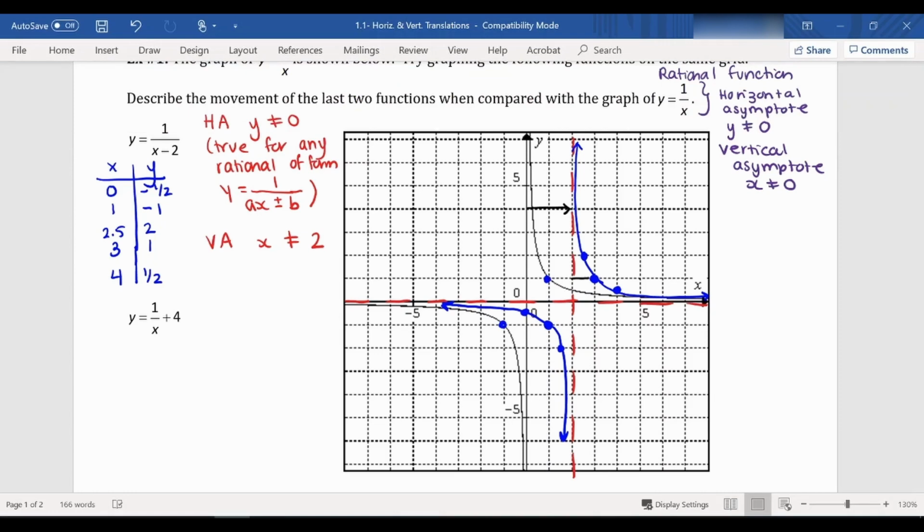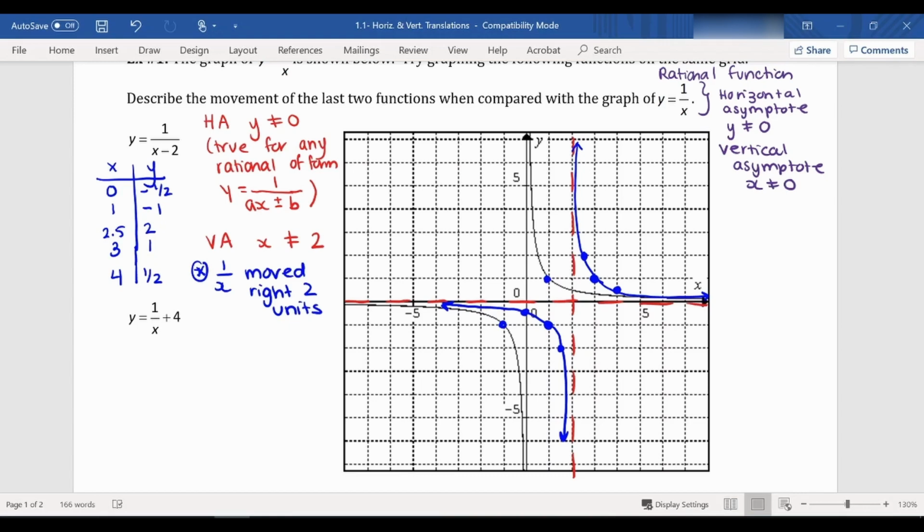I'm going to erase my arrows just because I am going to be graphing another thing here soon. So this is 1 over x moved right 2 units. Okay.